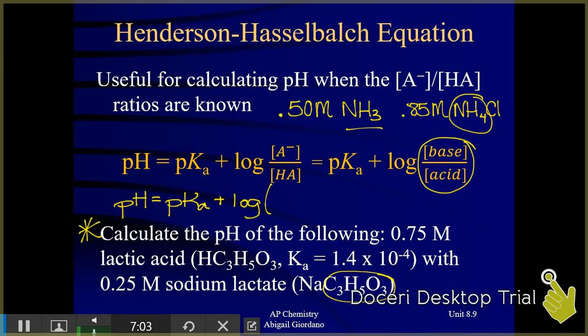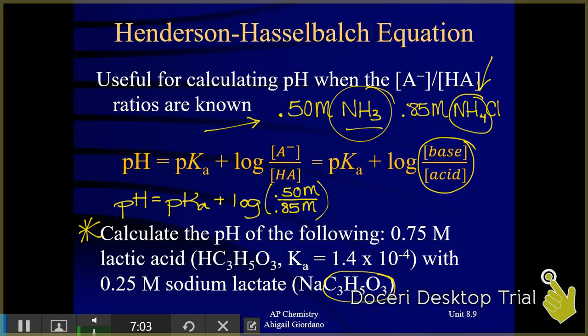But in this example, here is the base. So I would say 0.50 molar, base over acid. What's my acid? Well, in this case, it's a conjugate acid, but that's okay. It's still an acid nonetheless. And I would plug that in.